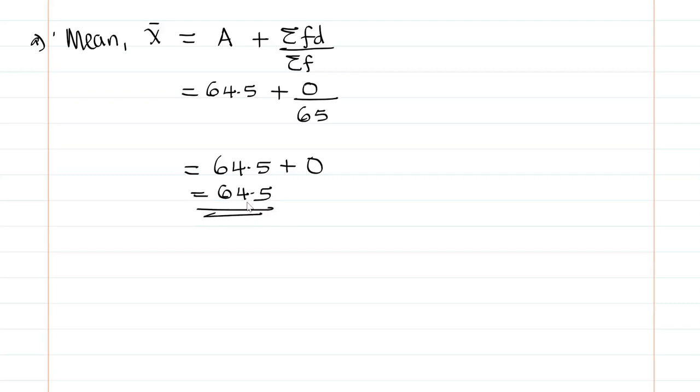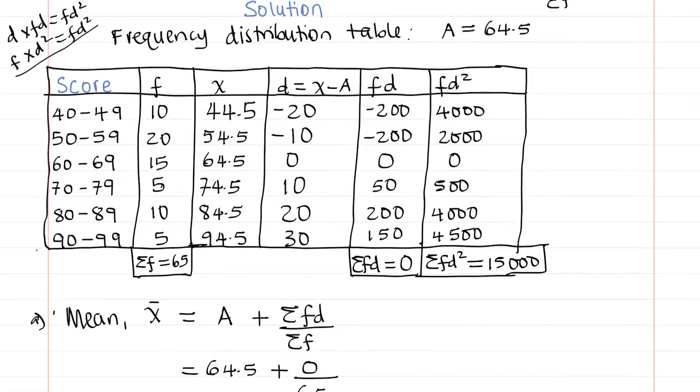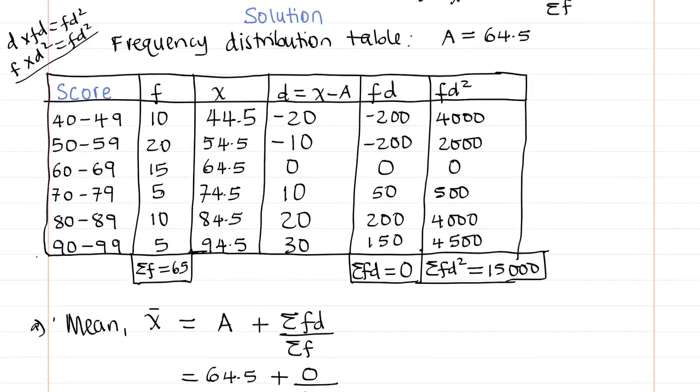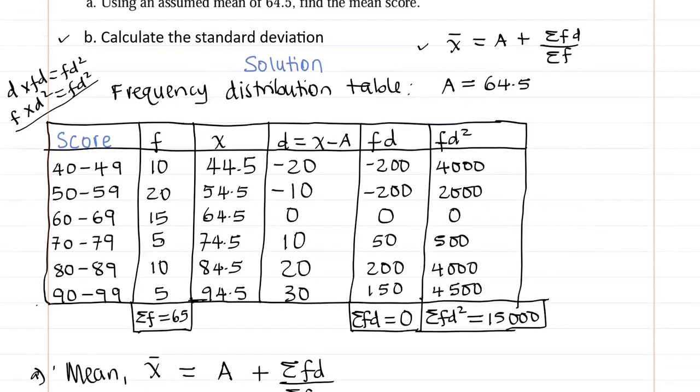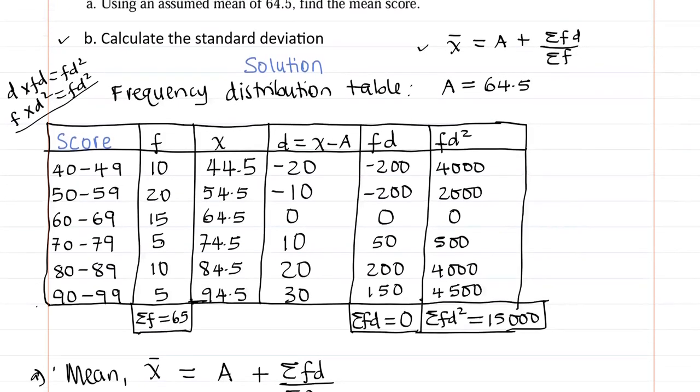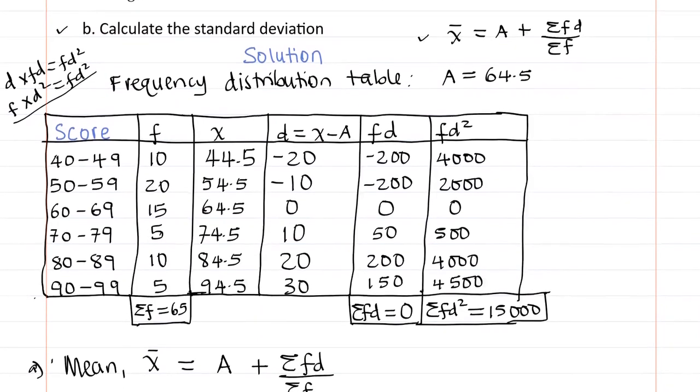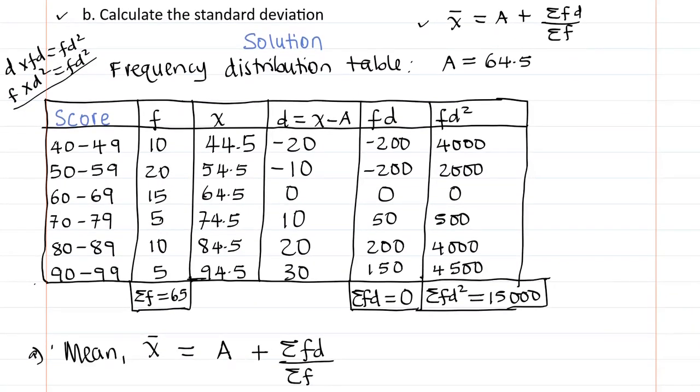This is our mean using the assumed mean. So this is the answer for the first part. After drawing this table, the rest of the questions become very easy and straightforward. Most students face challenges drawing the table, but after getting the logic, they easily understand.